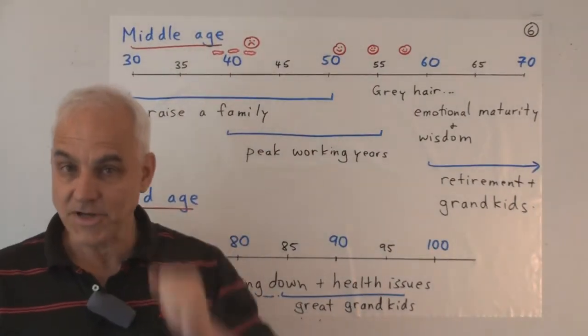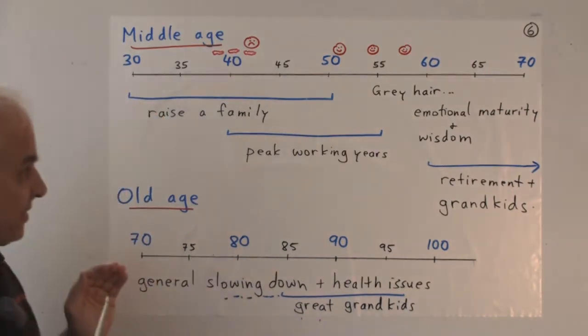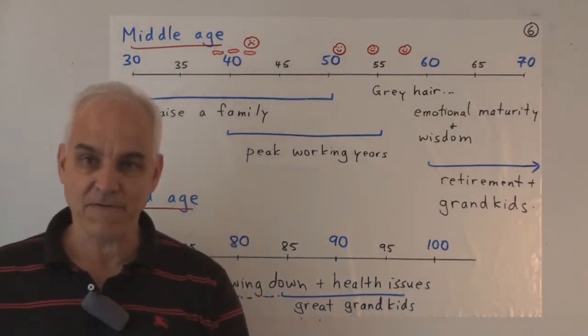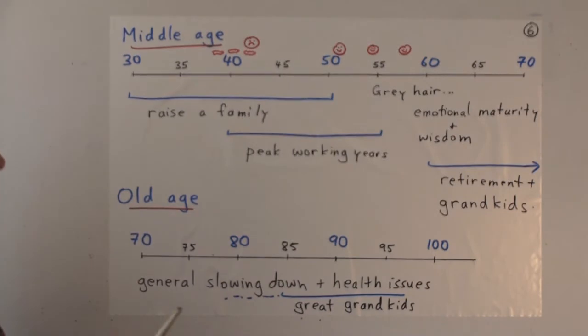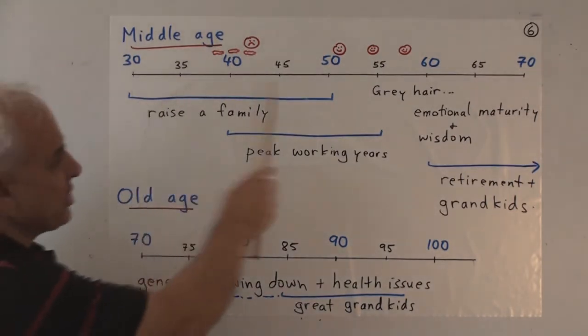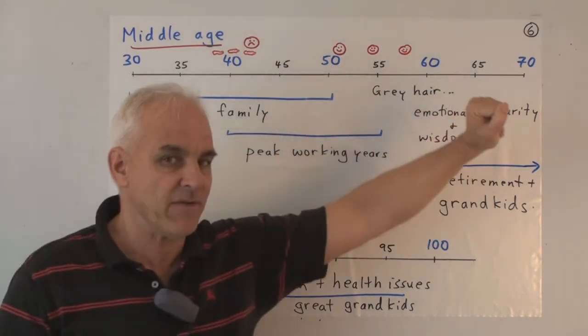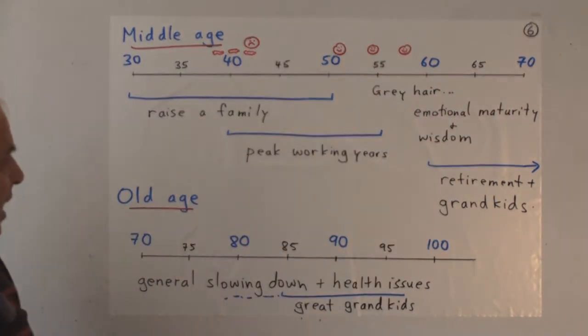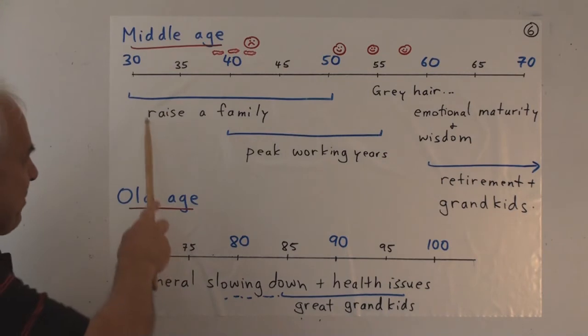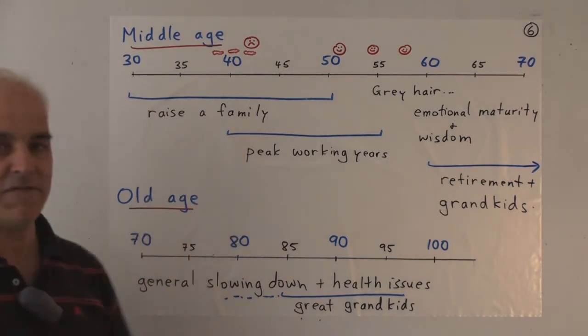So carrying on with our time scale, the next phase of human life is middle age. That large intermediate period, roughly from age 30 to, say, age 70, where young people turn to raising a family.